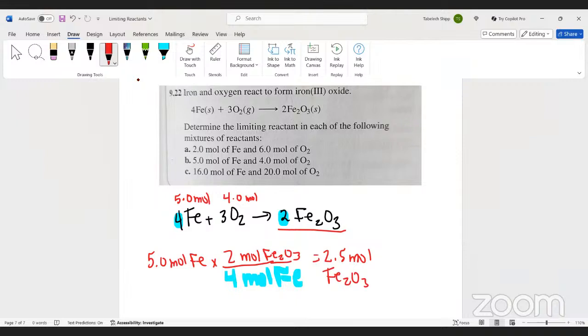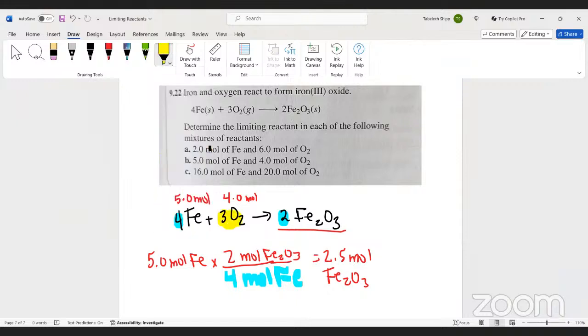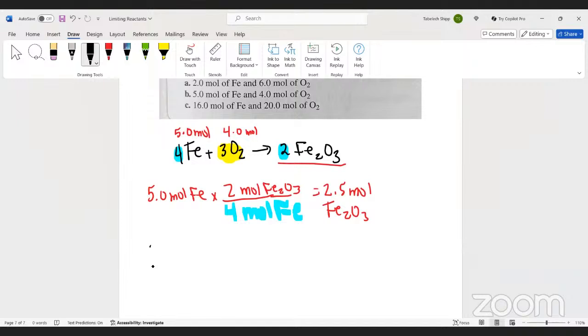Now we're going to do the same thing with the other number that they gave us, which was the 4 moles of oxygen. So we're going to compare this coefficient here on the very bottom. I'm going to take that same number here. This time, I'm going to say 4.0 moles of oxygen times, and on the very bottom, I'm going to write 3 moles of oxygen.